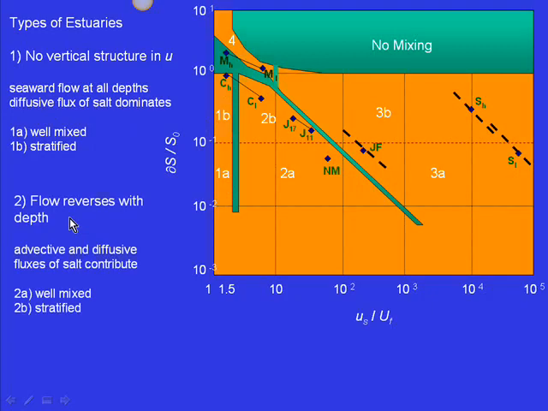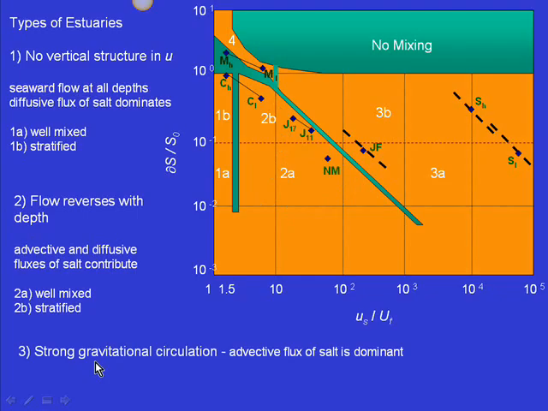Then number 2, there's a flow reversal with depth, and you have both the contribution of advective and diffusive fluxes of salt. For 2A you have well mixed conditions. Many estuaries in the UK fall here, and then you have the stratified systems here. Then you have number 3, where you have strong gravitational circulation and where the advective flux of salt dominates. And number 4, we have the salt wedge type of estuary.